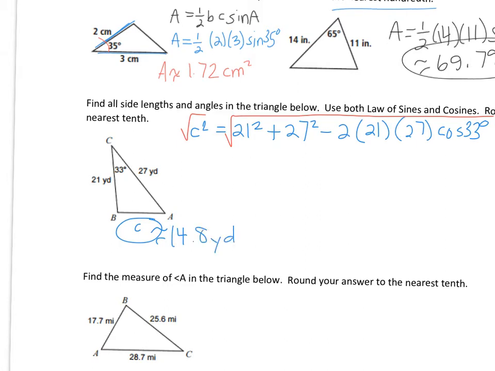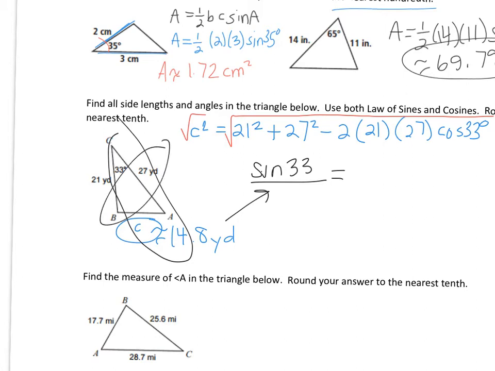And now I need to find other angles. So I'm going to hold this number in my calculator and use law of sines. So I'm going to do sine of 33 is to this number right here. I'm going to keep it in my calculator as the sine of B, because I'm going to find angle B, is to 27.